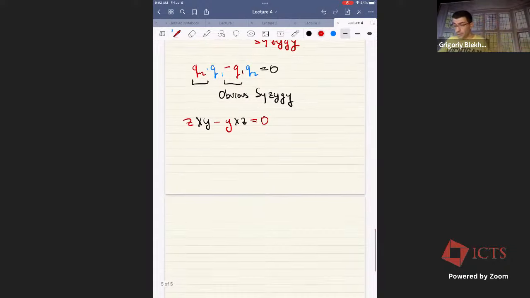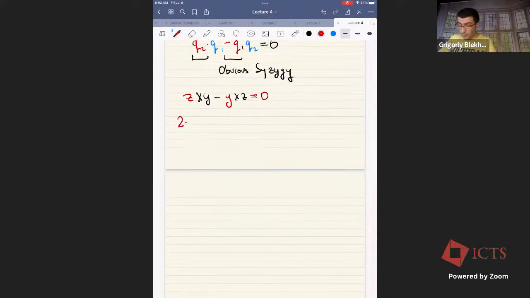And so what does 2-regular mean? I look at the ideal of X. These are all of the polynomials that vanish on X, all of the equations defining X. This is a finitely generated ideal with, let's say, generators q1 up to qk.